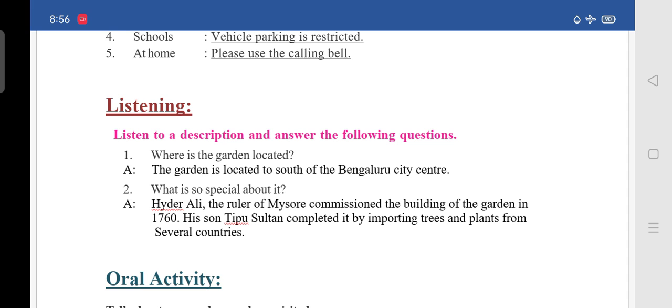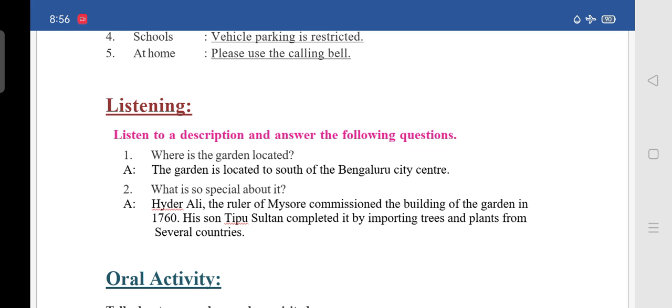Hyder Ali, the ruler of Mysore, commissioned the building of the garden in 1760. His son Tipu Sultan completed it by importing trees and plants from several countries. The garden has over 1,000 species of flora. The garden is spread over 240 acres.